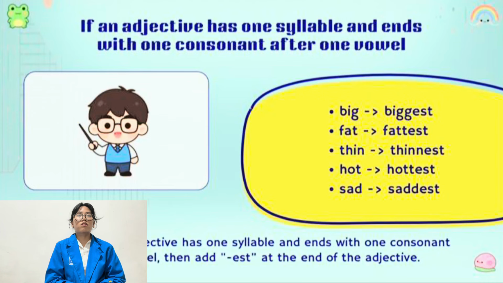Next slide, rules for superlative degree. There are several spelling rules for superlative degree. Rule number 1, double the final consonant and add est. For example, big for biggest, fat for fattest, thin for thinnest, hot for hottest.